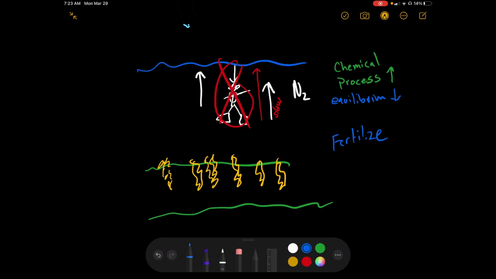And so in order to create this fertilizer, we need to use what is called the Haber process, which is N2 plus 3H2 yielding, in equilibrium, 2NH3.